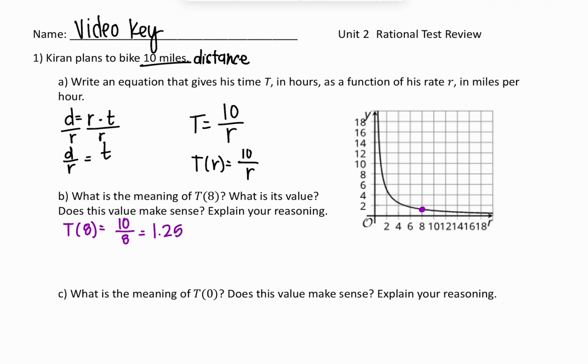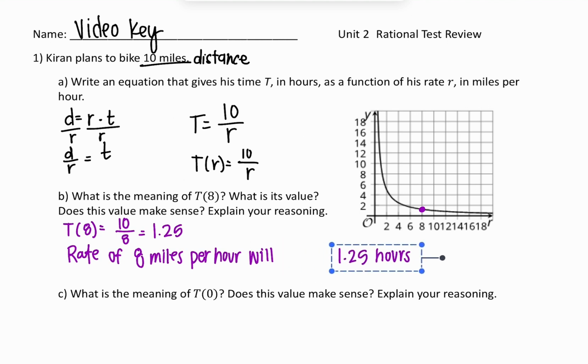And so this means that the rate of 8 miles per hour will take 1.25 hours to go the distance 10 miles.